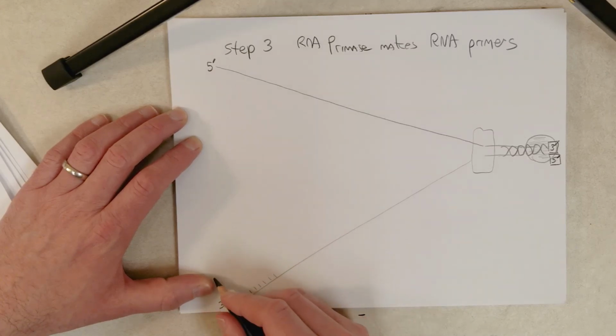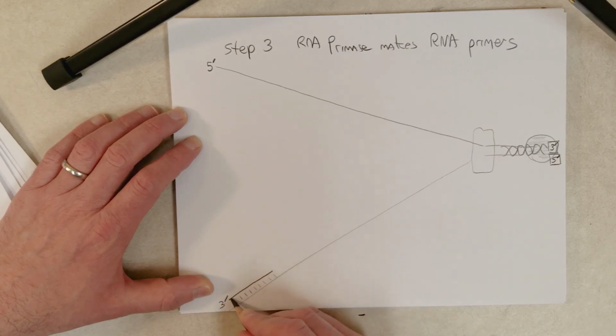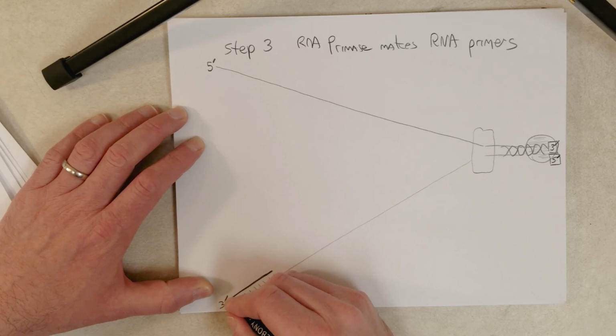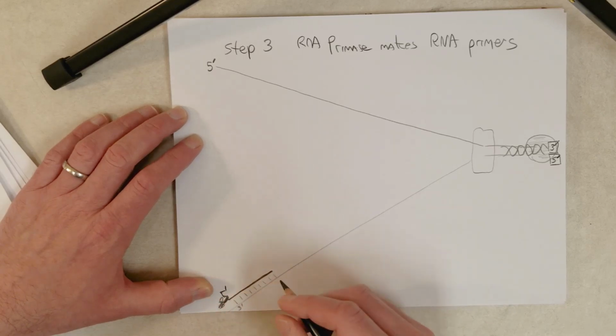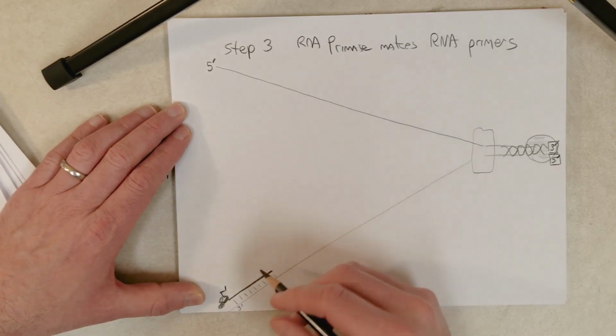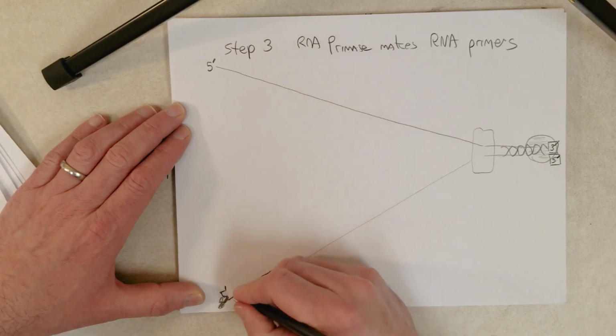Okay, so RNA primase can come in, and let's say it puts a primer right here. So that's the primer, and this is the 3' end of the DNA. This is the 5' end of the primer. And these are ribonucleotides, and this is an RNA primer.